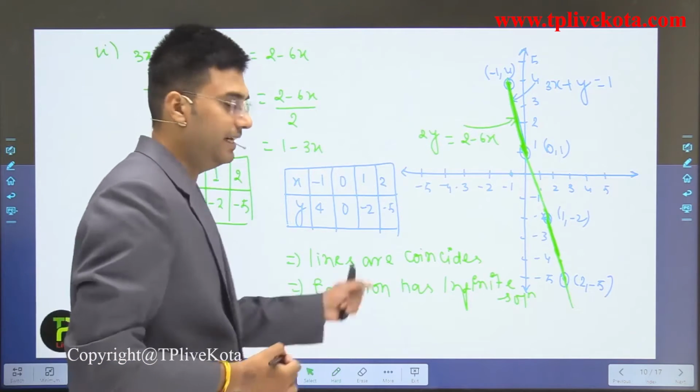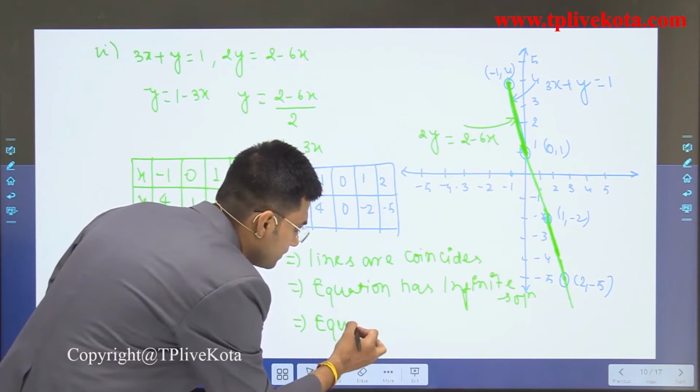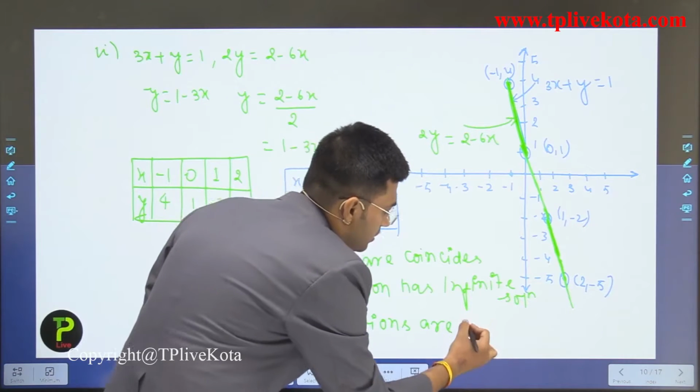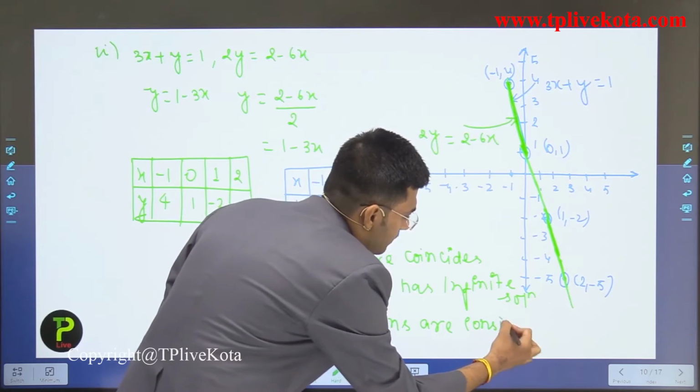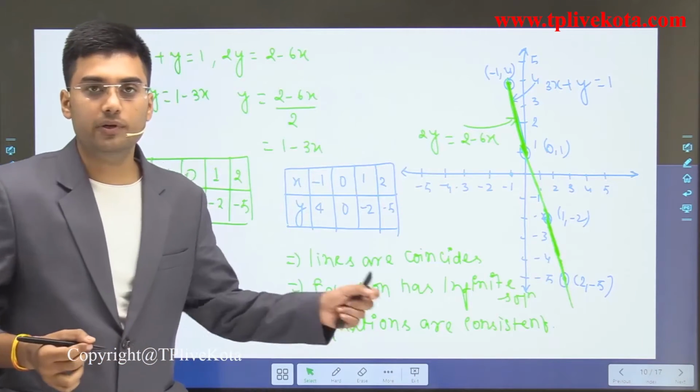And if it has solution, then we can say that the equations are consistent. Clear? I hope you understand this question.